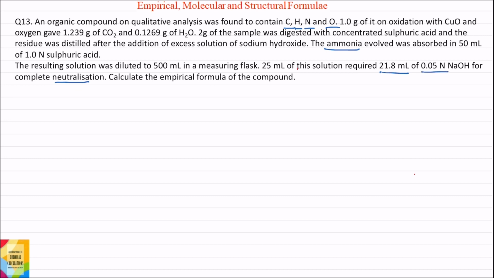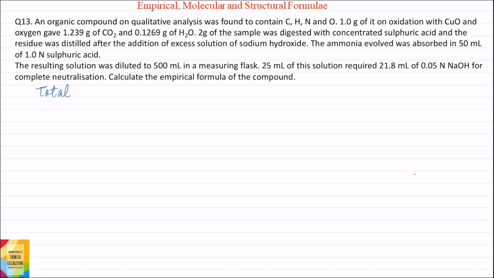So total amount of sulphuric acid which is present will be 50 milliequivalents and the remaining sulphuric acid, or the sulphuric acid in excess, will be equal to milliequivalents of NaOH. And when we subtract the milliequivalents of remaining sulphuric acid from milliequivalents of the total sulphuric acid, we will get the milliequivalents of ammonia.